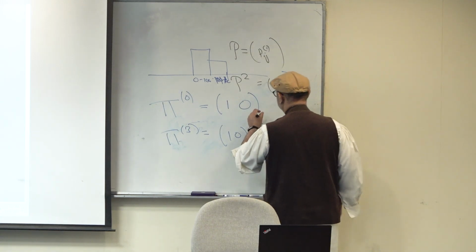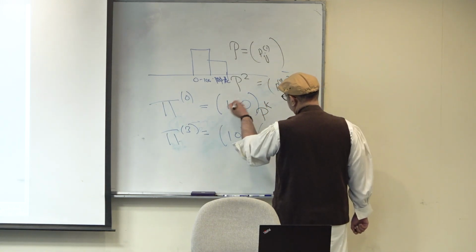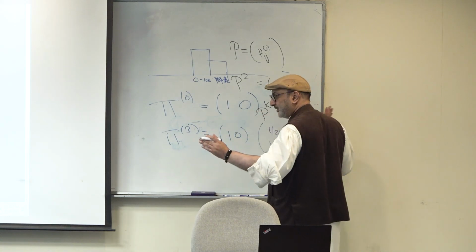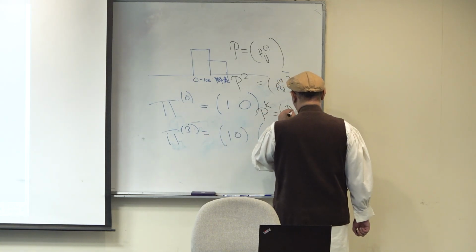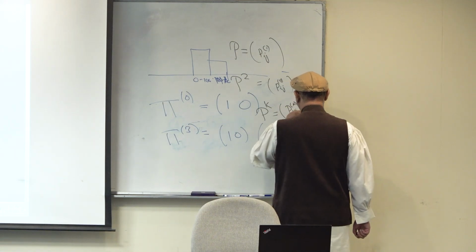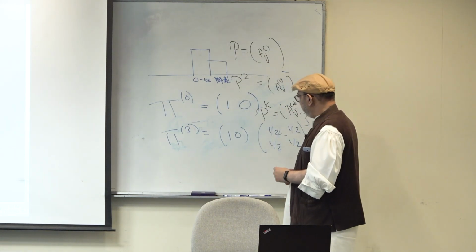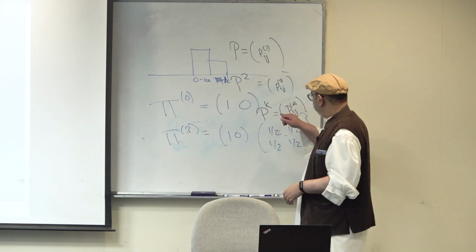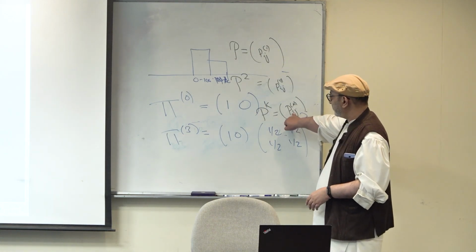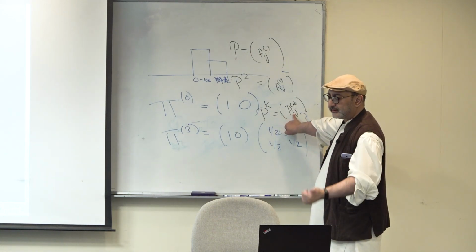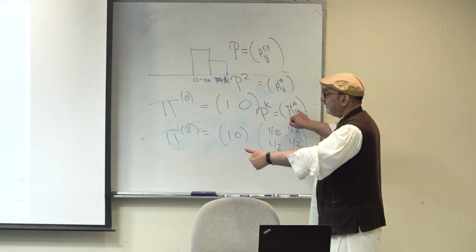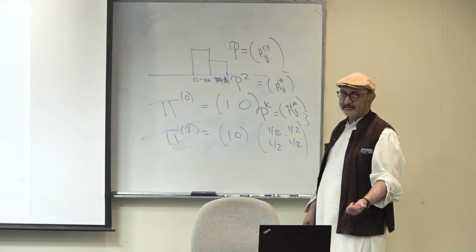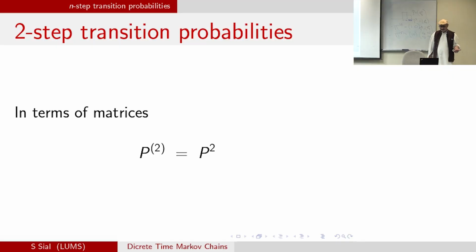And in general, P to the power k, multiplying P by itself k times, has entries we can call Pij of k. That means this is the probability that if you were currently in state i, then in k time steps, you would end up at state j. Okay. All right.